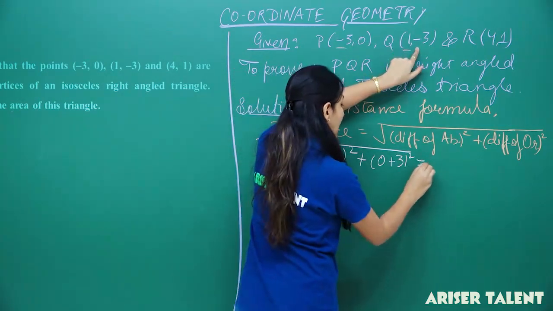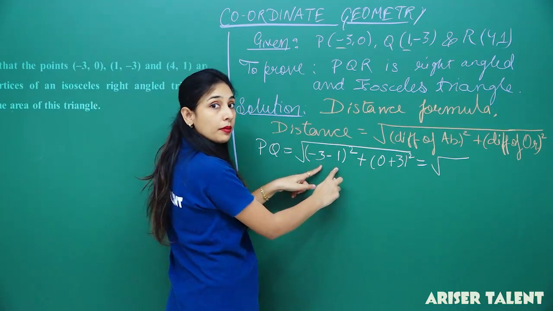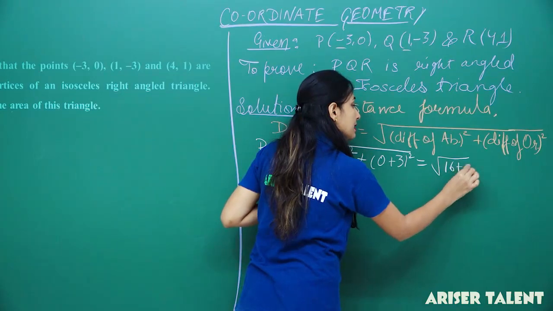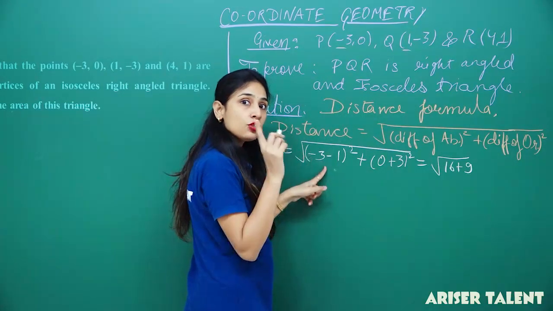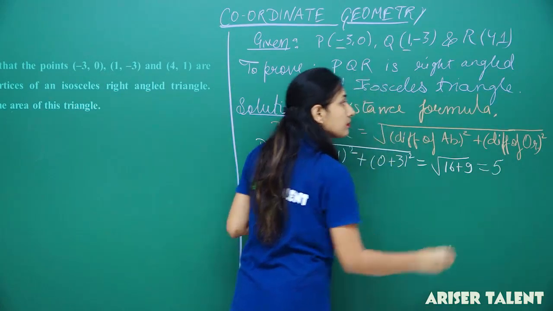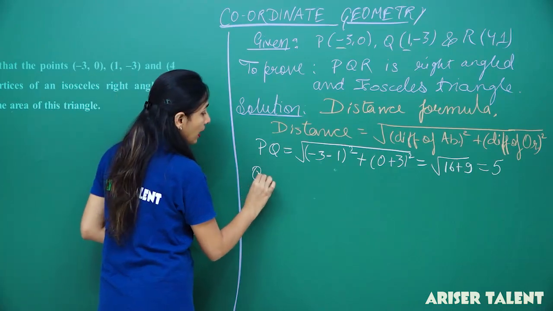Now I'll solve it here. That will be (-4) squared, 16, plus 9. 16 plus 9 is 25. Root 25 is 5.